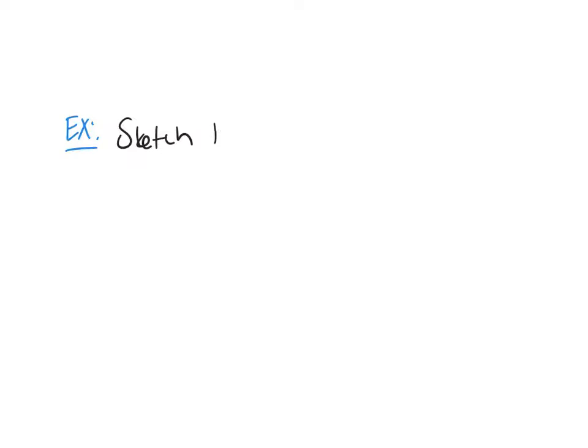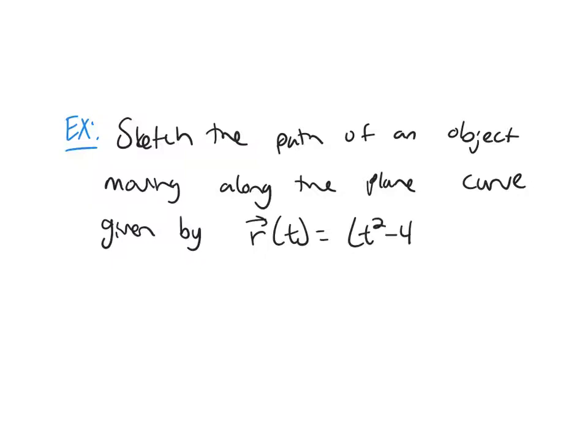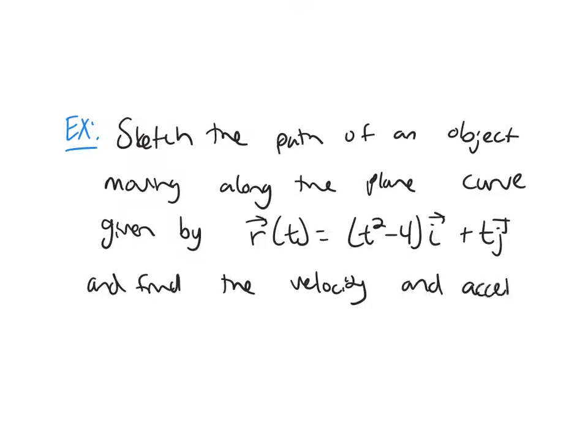Let's sketch the path of an object moving along the plane curve given by r of t, which is (t squared minus 4)i plus tj, and find the velocity and acceleration vectors when t equals 0 and t equals 2.